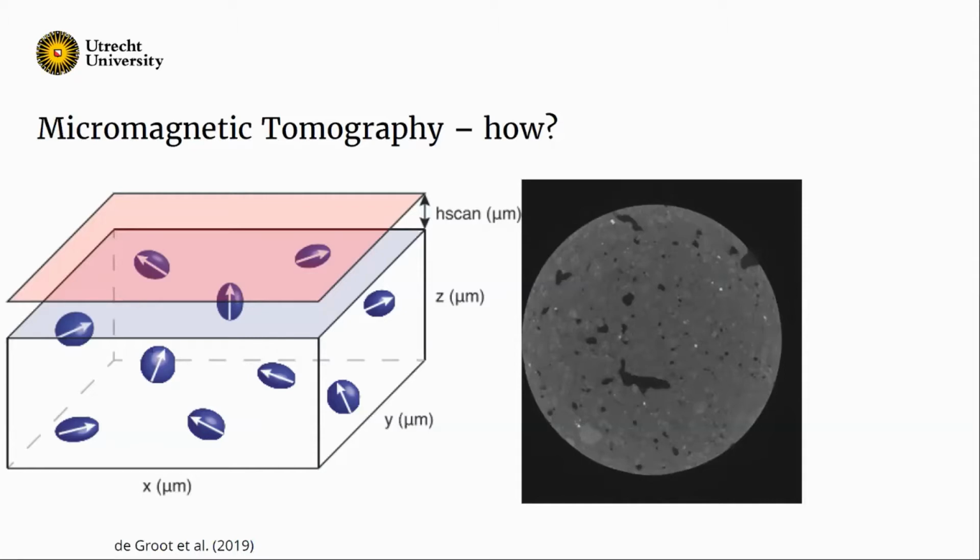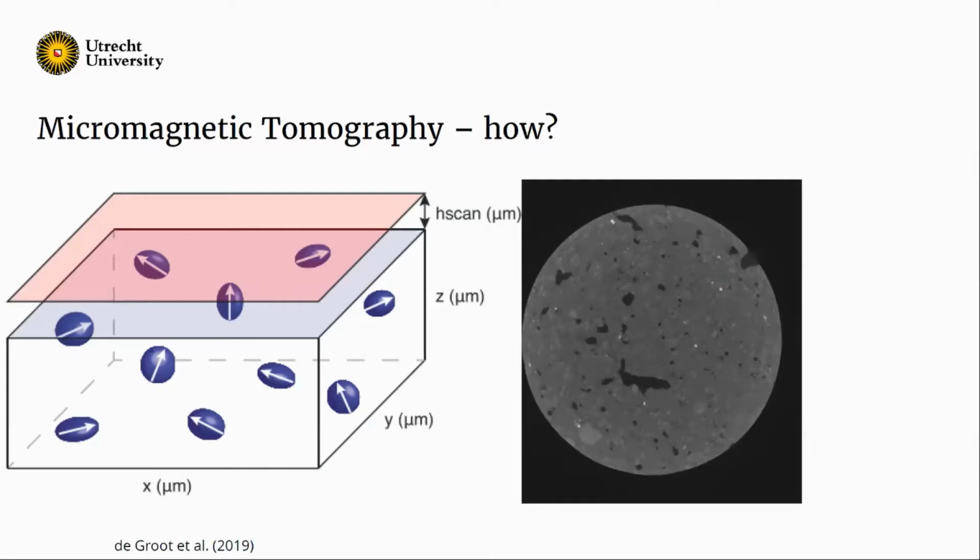Micromagnetic tomography deals with it in a very different way. We make CT scans, so we have spatial and volumetric data on all the magnetic grains. And we do magnetic surface scans, which means that for every single grain, we know the magnetic moment. So if you combine that information, we can determine which grain contributes to the total magnetic moment of the rock.